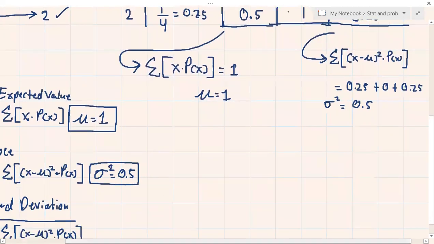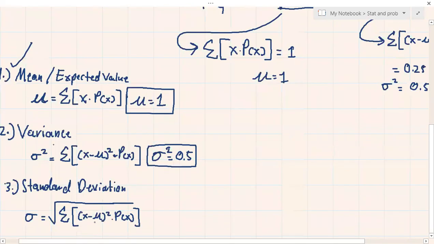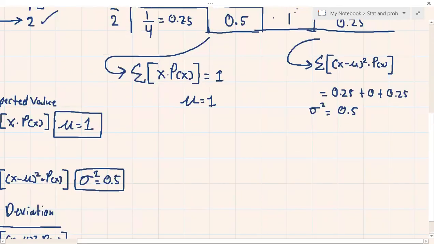Ngayon, paano naman si standard deviation? So di ba sabi ko, ang standard deviation is square root mo lang si variance. Therefore, itong naka-variance na to, we can just square root na lang, no? Square root both sides.